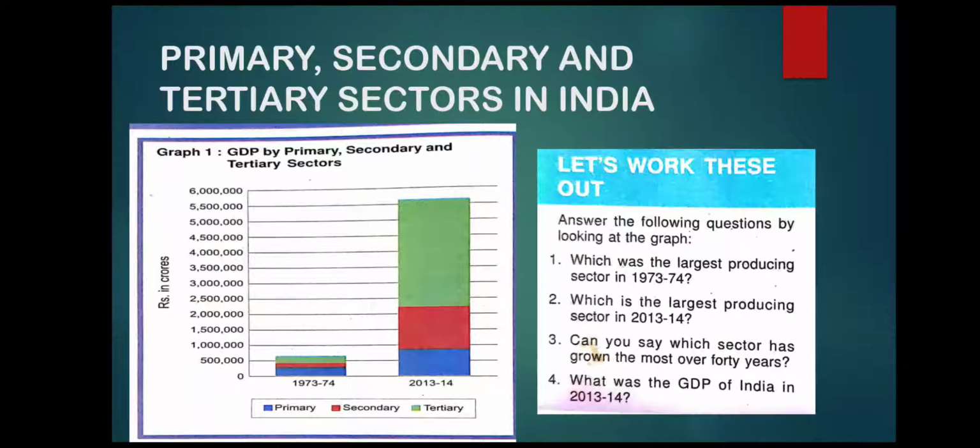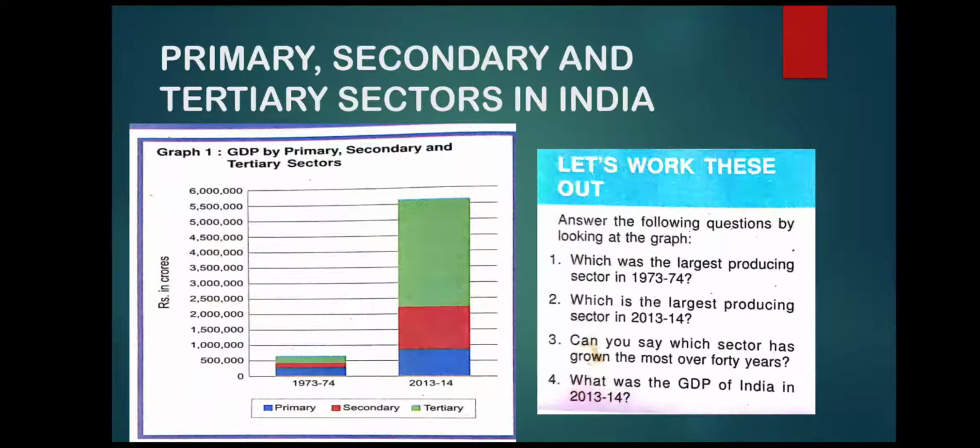So we already know tertiary sector is the largest producing sector in 2013-14. The third question is, can you say which sector has grown the most over 40 years? The answer would be the tertiary sector has grown the most over 40 years. As you can see, the contribution of tertiary sector has increased many folds.